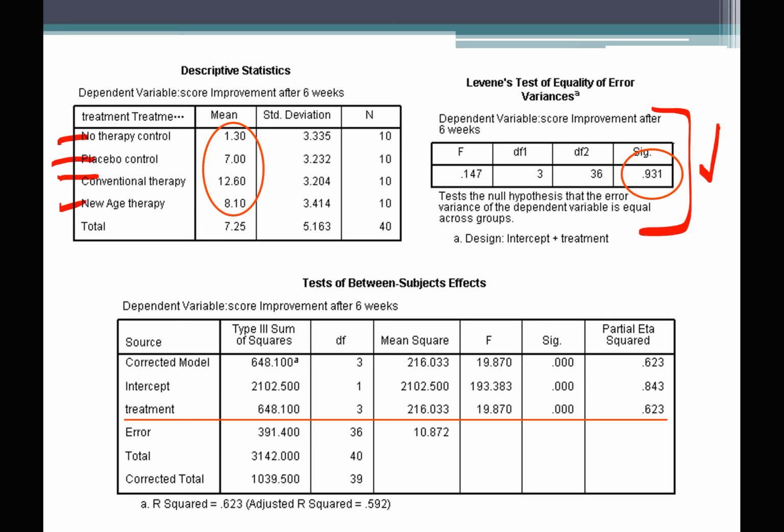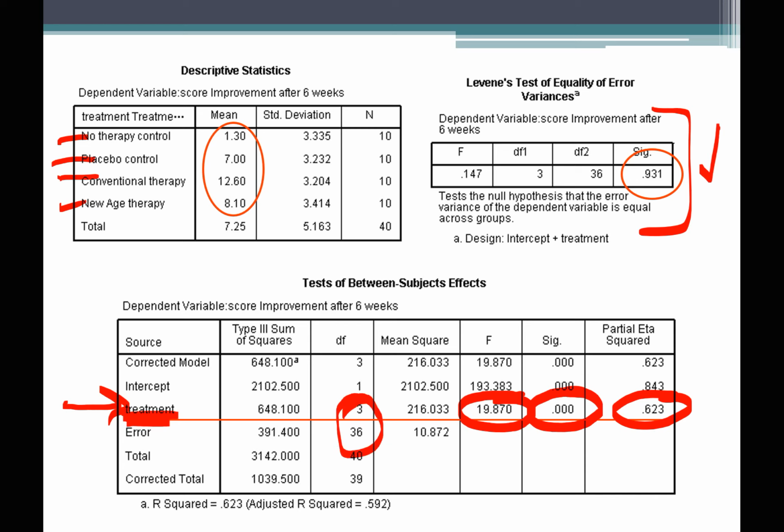Then we have a test of between subjects effects, and here this is no longer labeled group, it's labeled treatment because that's the name of our variable. We can see our F value, our significance, and then this right here, partial eta squared, that's our effect size in this case, right? And we're going to use these 2 numbers as our degrees of freedom.